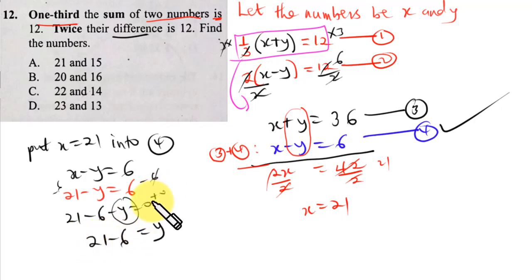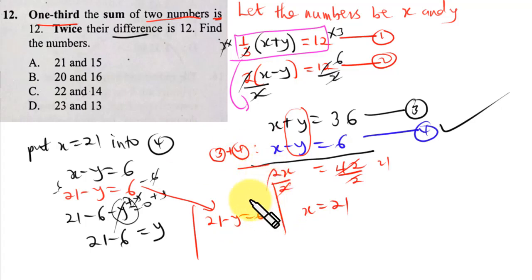If I add y here and add y there, y will cancel y here. All right. If you don't get this, you can simply say, as some do say, you move them to other sides of the equal sign. So you say we send the 6 there, then we bring the y over here. All right, so you have something like this. So y will be equal to, and that is 15. So we get y to be 15 and x to be 21.